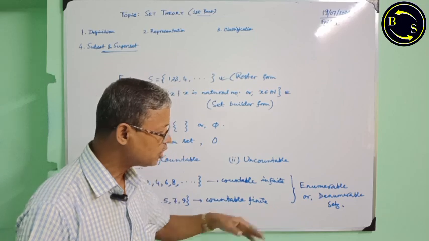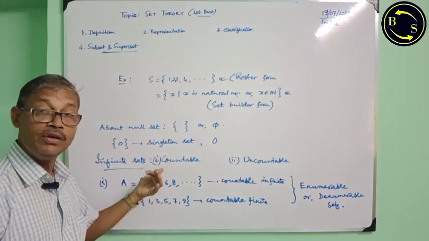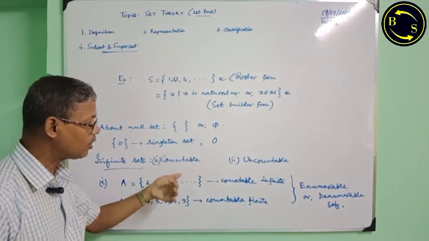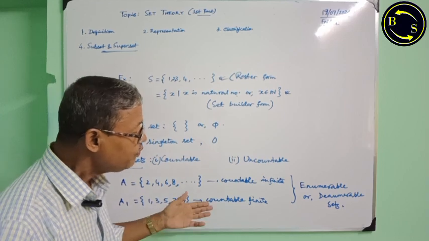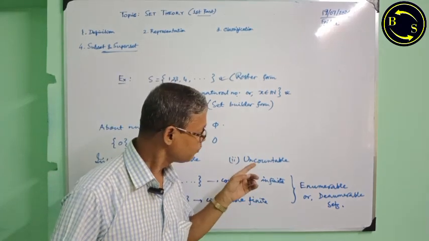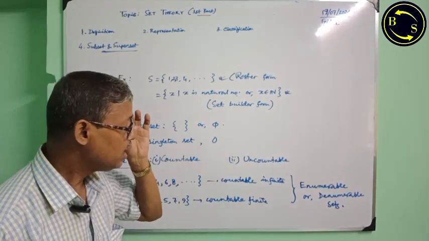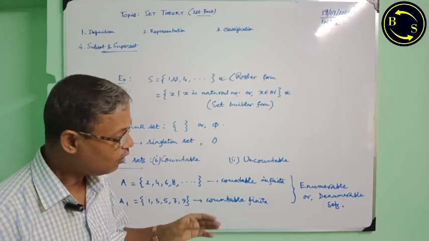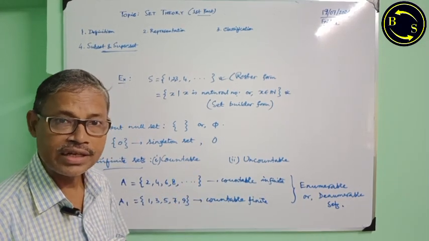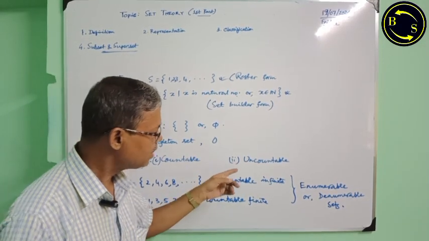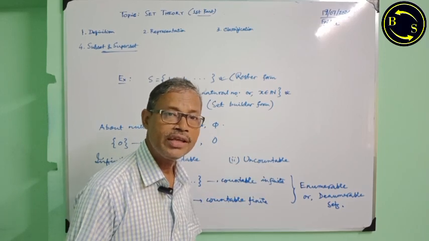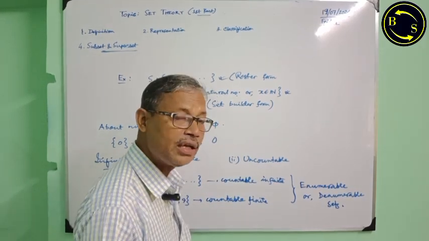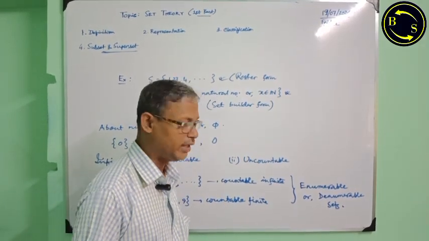Therefore, enumerable and denumerable are synonyms of countable sets. Now, if we cannot count the number of elements of an infinite set, then that set is called an uncountable infinite set. Actually, an uncountable set is infinite.